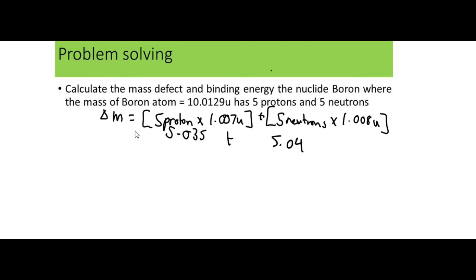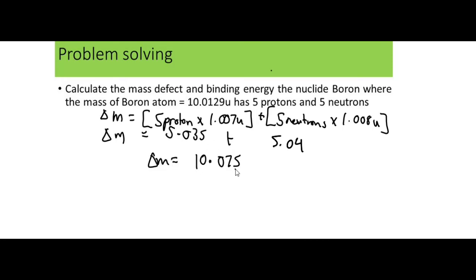Now let's add the two of them. So 5.035 plus 5.04 is equal to 10.075. There we go. That's our mass defect.